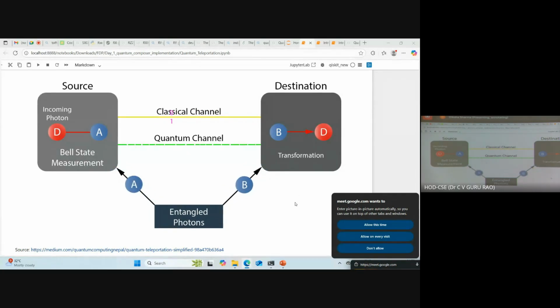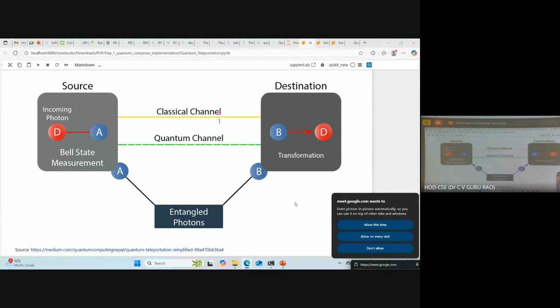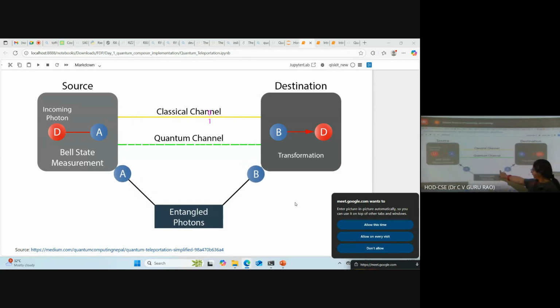Now, what is happening over here? This source wants to send some kind of information to the destination. Now they have their entangled photons. Source has its own entangled photon, and destination has its own entangled photon.